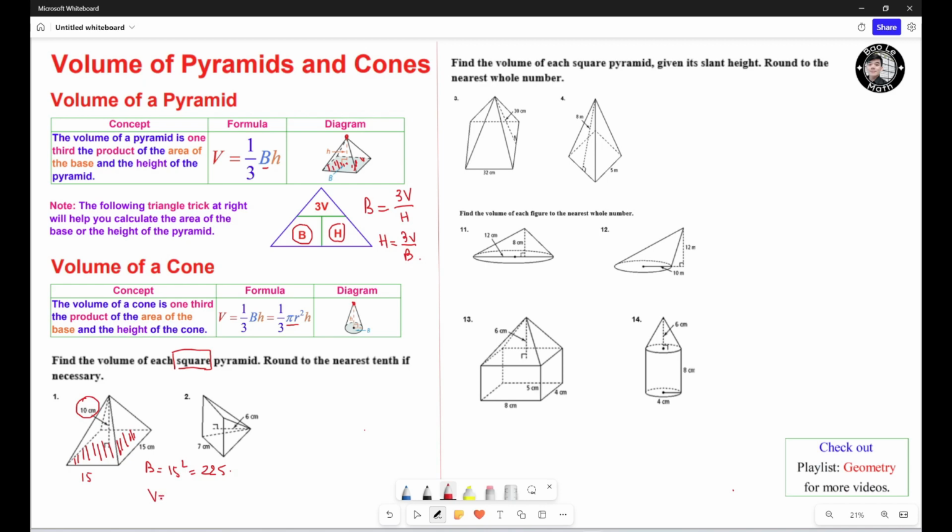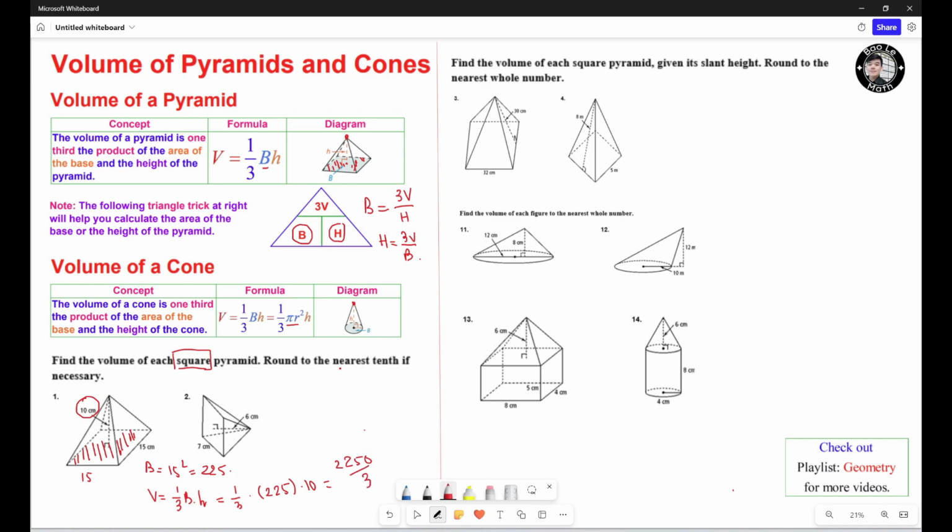Alright, so V equals 1/3 B times H. It's going to be 1/3 times B, which is 225, times H, which is 10. So it is 2250 divided by 3.